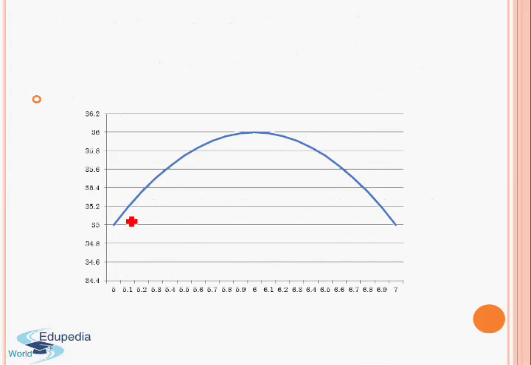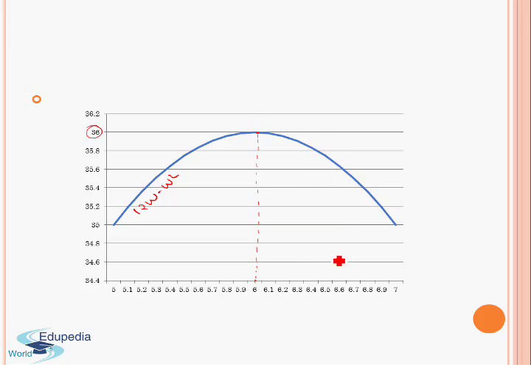Okay, now let's draw the graph for this. So this is the function 12W minus W square. When the width W equals 6, we have the maximum area, that is, the function reaches its maximum, which is 36.